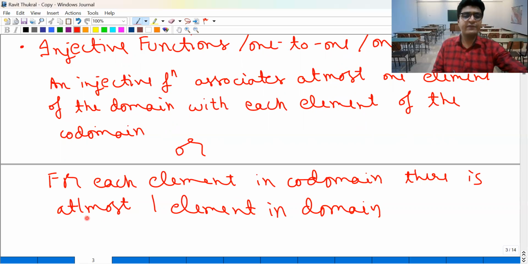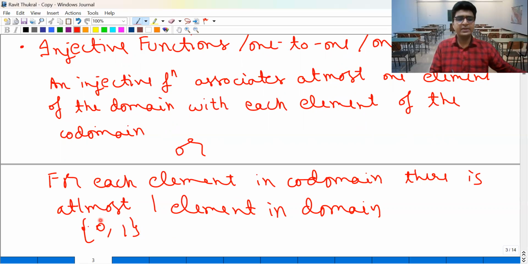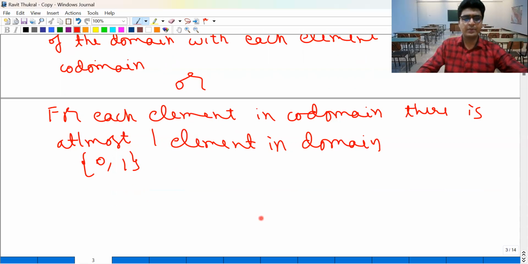And by at most one, we mean 0 or 1. Okay. So each element in the codomain has either no association in the domain, or it is connected to exactly one element in the domain set. Okay. So let's take an example.